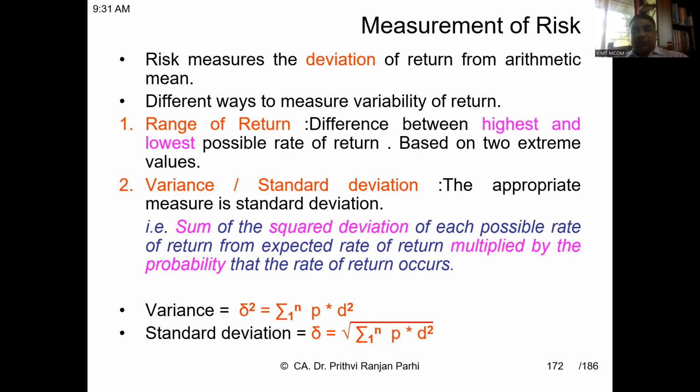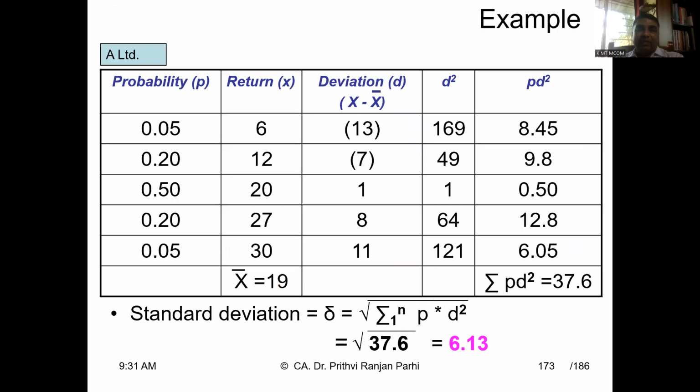Then another way is to compute the variance or standard deviation. Here's how standard deviations are computed. For each project, we'll be finding out the probability of returns. For example, in this particular project, the returns are given in column X, the second column.